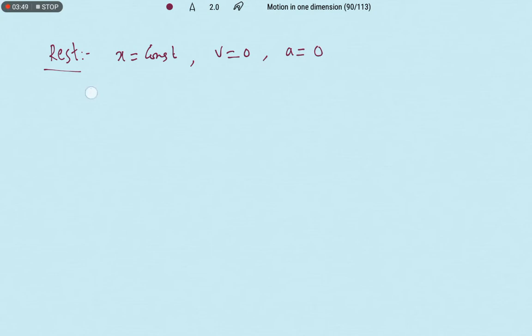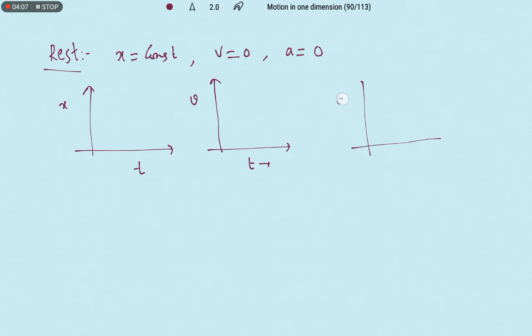Now let us try to plot the graph by taking position along the y-axis, time along the x-axis. In the same way, velocity along y, time along x. Similar to that, acceleration along y, time along x.